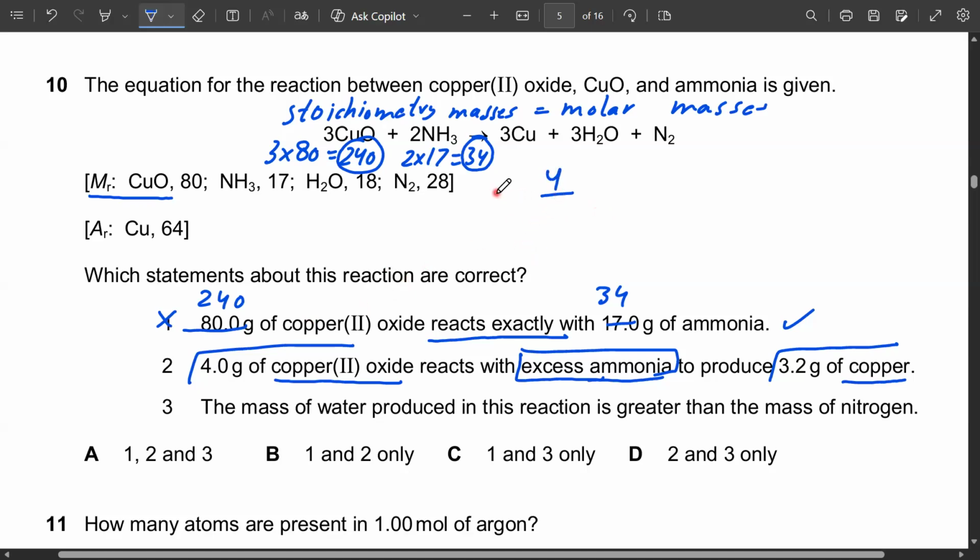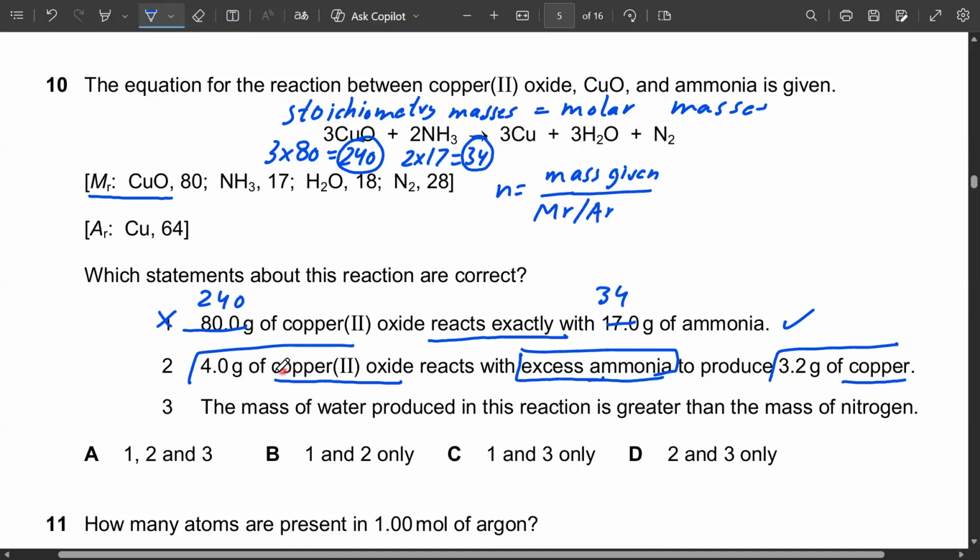Mole is calculated as the mass given divided by the MR or the AR of the given substance.